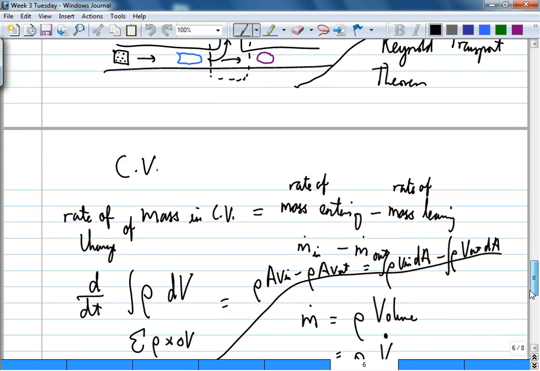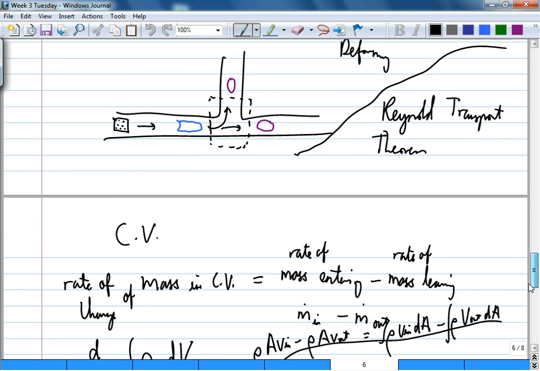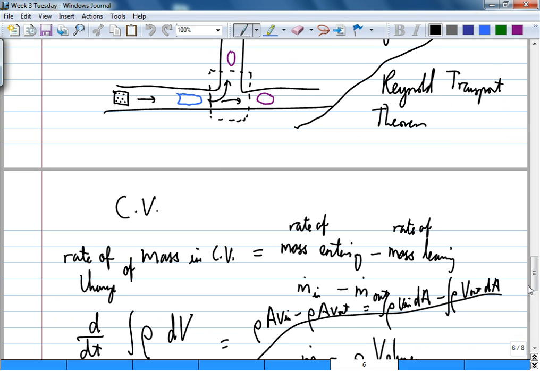Okay, and so we need a tool that converts mass continuity, which is basically that mass doesn't get created or destroyed, into a control volume approach, and we did it this way. Formally, it can be done with the Reynolds transport theorem.